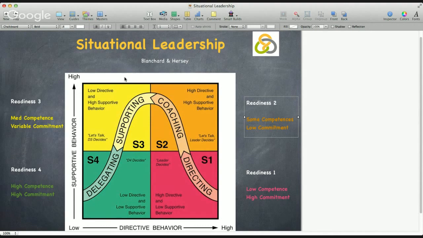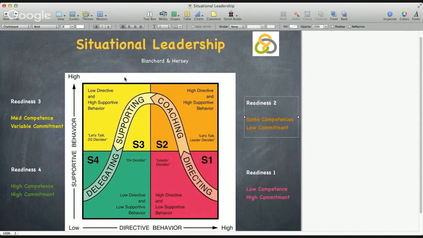And support requires that you provide encouragement and personal support as people need in order to complete a job or a task. So if you have a look at the box situation 1, S1, you can see that the type of behaviour as a leader that you might be using at that point is very directive. So it's high directive behaviour, directing somebody to do something.